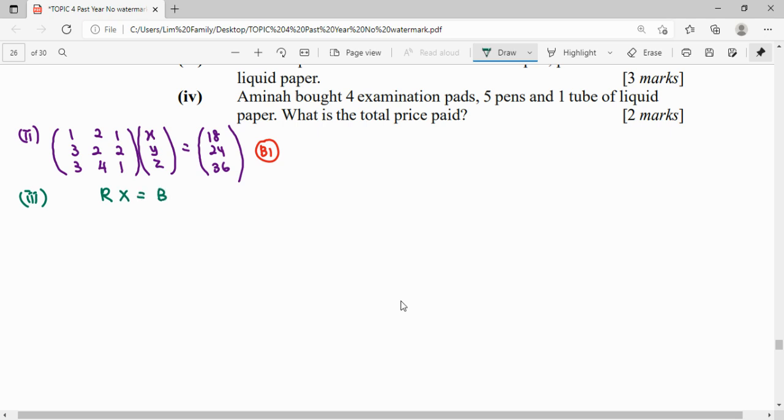So in order to find the unknown matrix, we will multiply R inverse in front of the matrix, which gives identity.